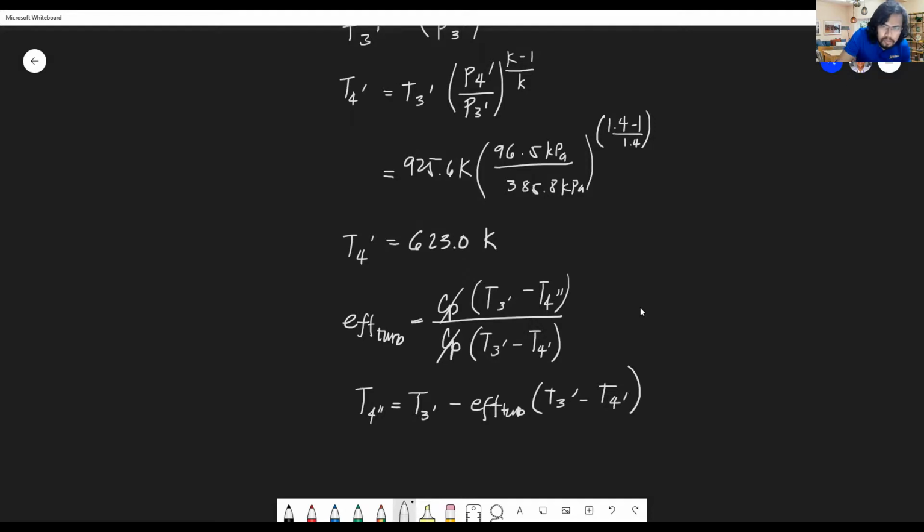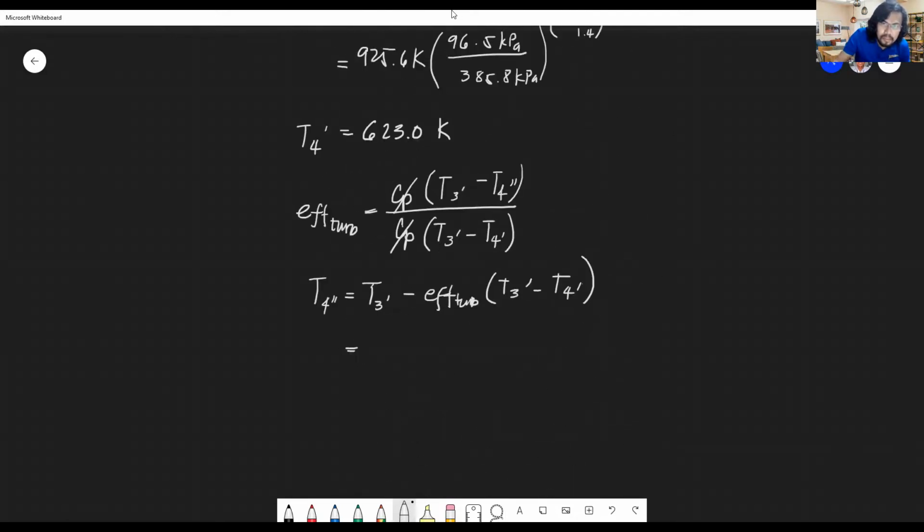Okay, so this is what? T3 prime is 925.6. Again, the turbine efficiency is 85%. This is 925.6 minus the T4, which we computed a while ago, 623.0 Kelvin.